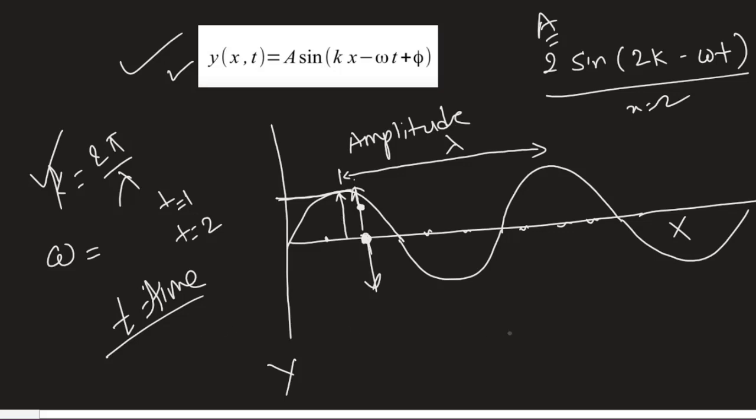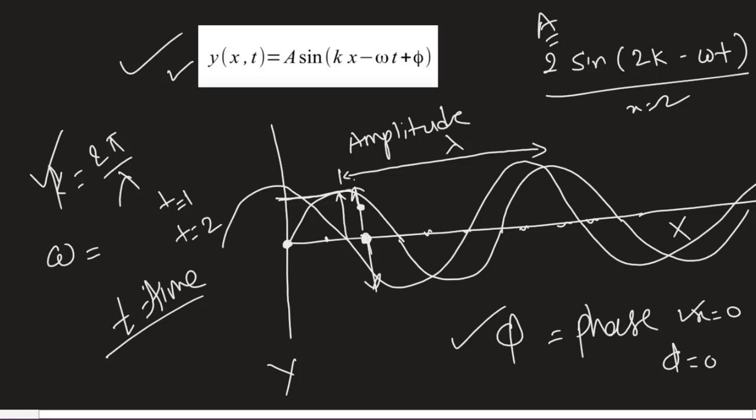And finally, phi. The phi is the phase constant. Basically, that tells the phase shift in the wave. The same wave can be represented in different ways. For example, this wave can be represented like this one. Here you can see that at x equal to 0, when the phase constant was 0, the y coordinate was right over here.